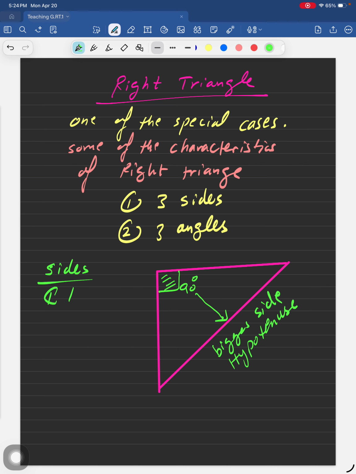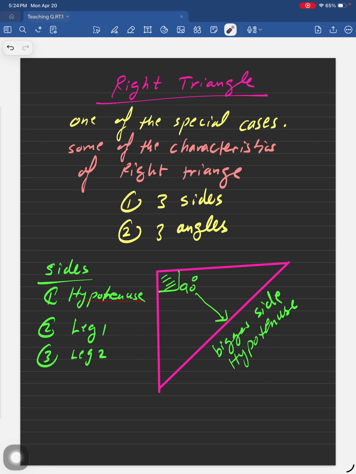One of the sides, we call it hypotenuse, and this is opposite to the 90-degree angle. Now the other two sides are leg 1 and leg 2. It doesn't matter which side is leg 1.